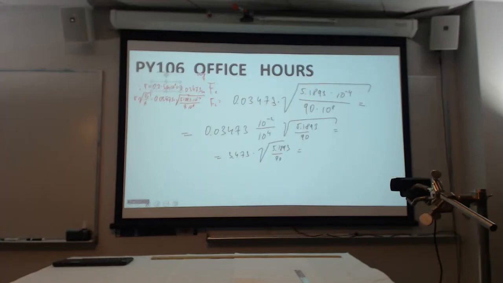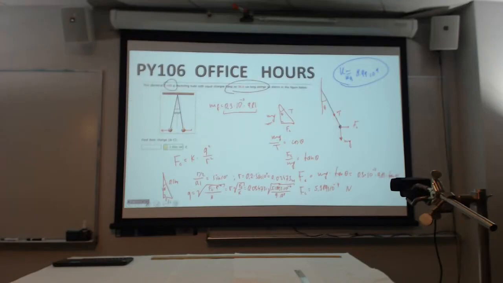Oh, that's not F, that's supposed to be Q. Yeah, that starts here from Q. We had 2.9 again for the charge.